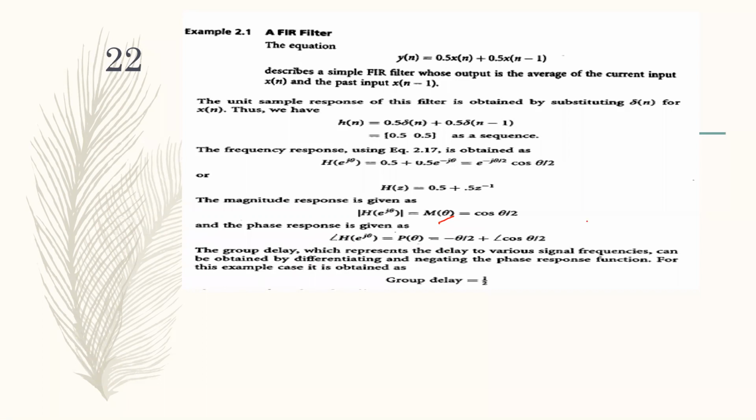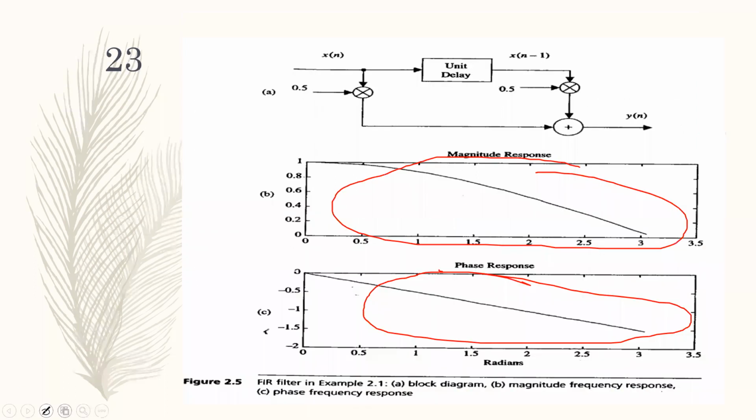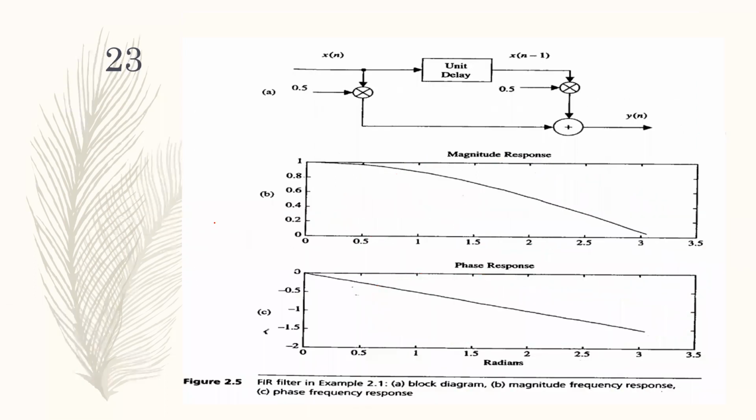Then the intermediate values you just approximate and try to obtain. That is one method. Or else, if you know how the curve appears, say a tan curve, you can use it directly. That is how you try to obtain the plots for the magnitude response and the phase response.